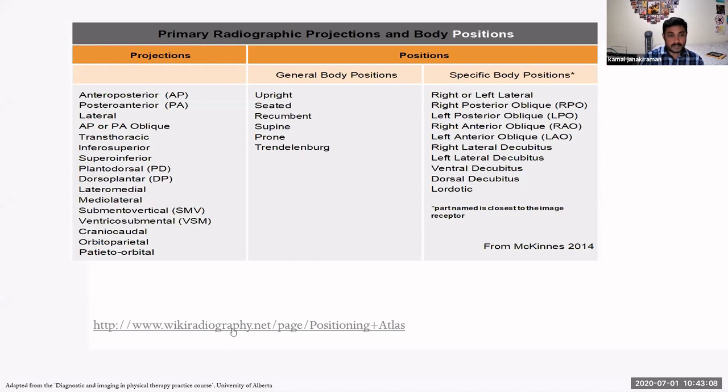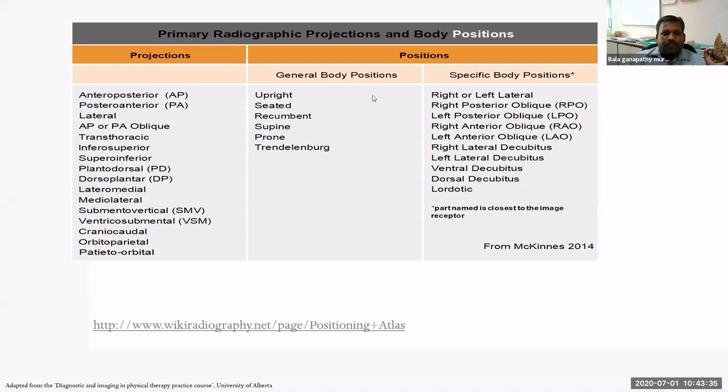Kamal sir. Yes. You have to share the screen with the radiograph in it. It's not sharing. You have to minimize this PPT and then share that screen. You're not able to see the screen?